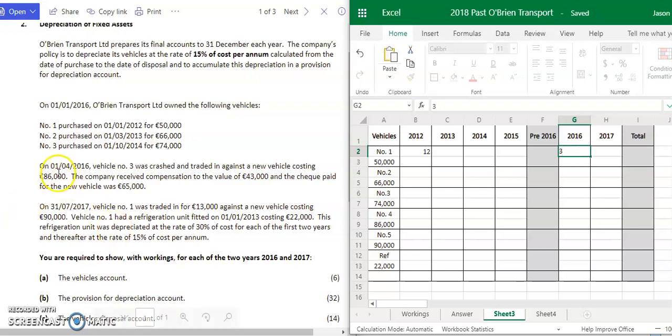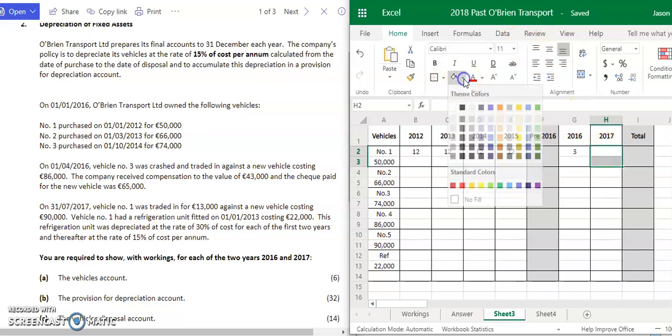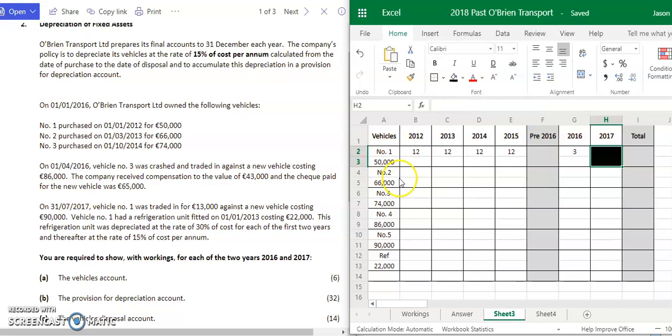So be careful, it's the 1st of the 4th, so we don't count the 4th because it's at the start of that month. So we count the 3 previous months. So we also have it for a full year in 2013, 2014, and 2015. Okay, so we're just going to do that for each one of the vehicles down along. We're going to blank out 2017 because we don't need it.